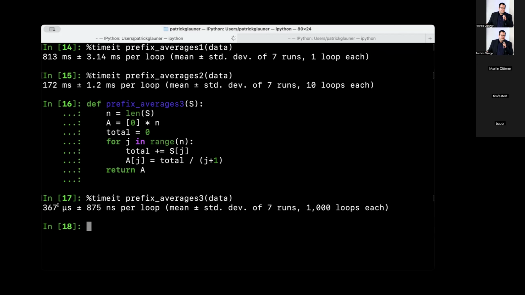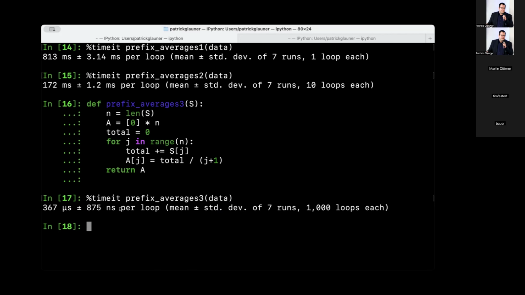So it's 0.3 milliseconds, in fact. 367 microseconds. And the experiment was run 7,000 times. So we had 7 runs and 1,000 in each of the runs, so we get a very good estimate.